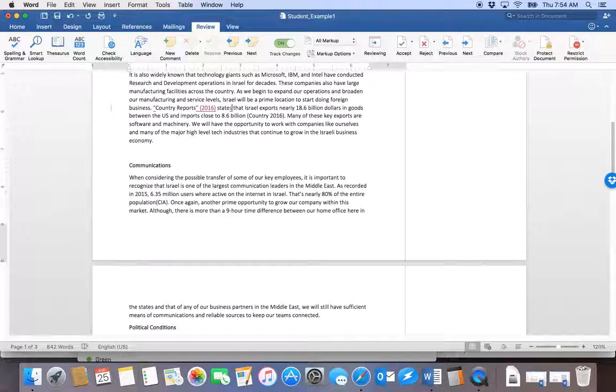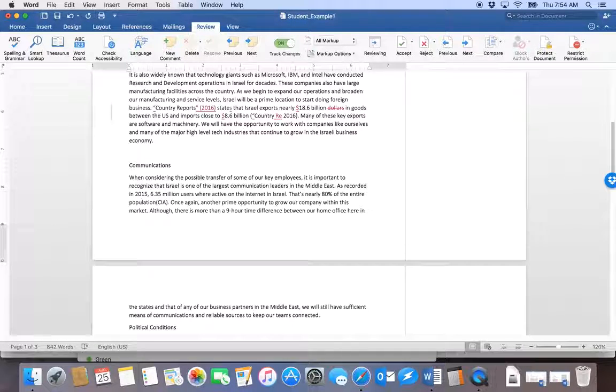Country report states that Israel exports nearly $18.6 billion, and we can just do a little dollar sign there, in goods between the U.S. and imports close to $8.6 billion. And then, again, we're going to do our quotation marks here.